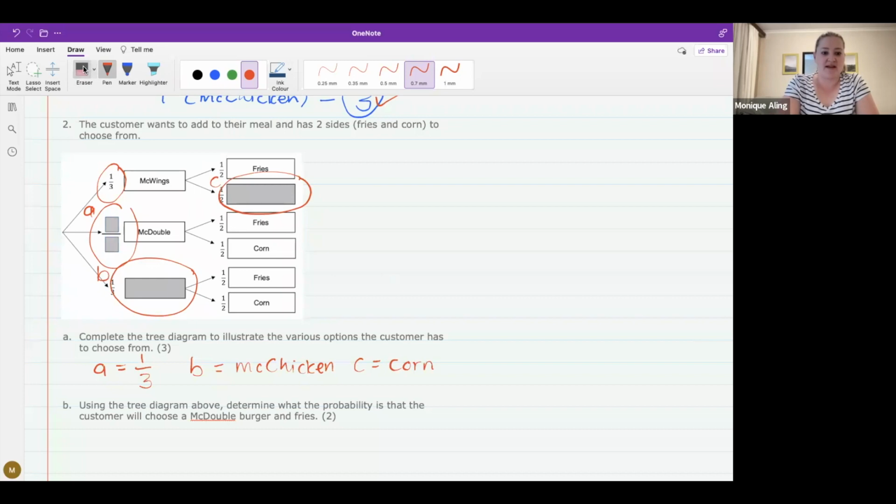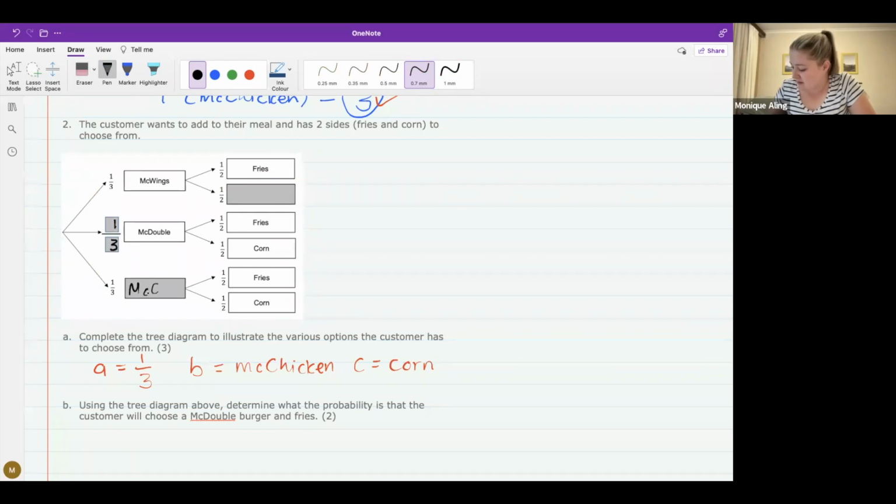Okay, so I'm going to make this look a bit better so it's easy to read from now. Okay, so we've got 1/3 here. McChicken, and corn. Okay, so if you manage to get all 3 of those correct, that would be 1, 2, 3 marks for you.